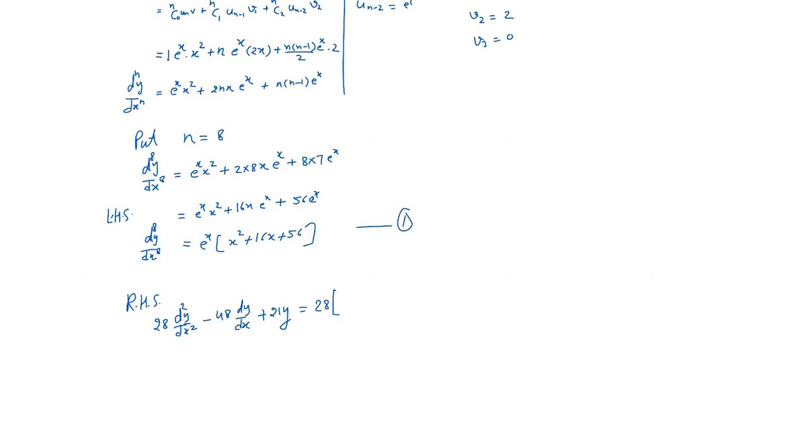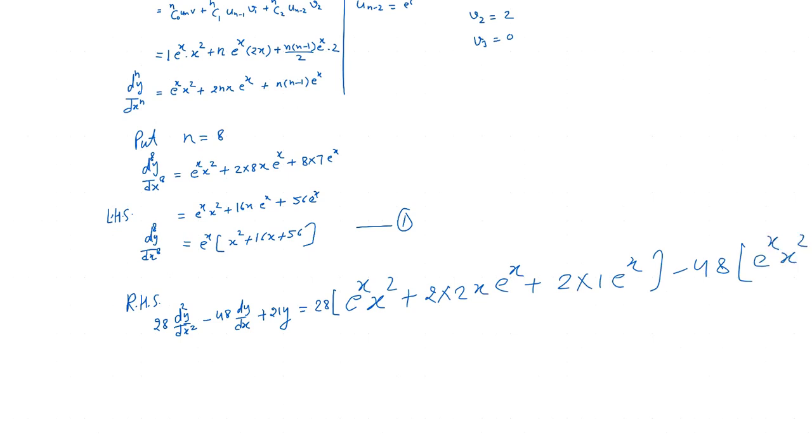So e to the power x into x square plus 2 into 2 into x into e to the power x plus 2 into 1 into e to the power x, minus 48 first order: e to the power x into x square plus 2 into 1 into x into e to the power x.